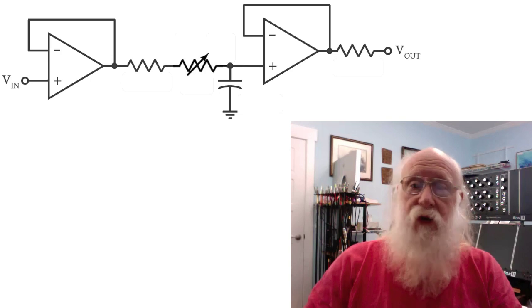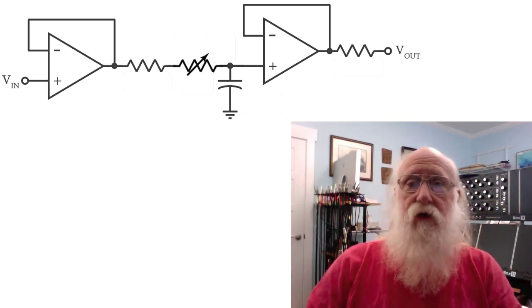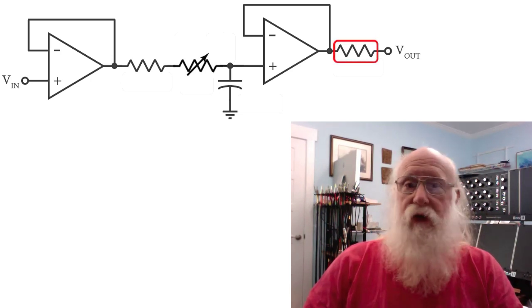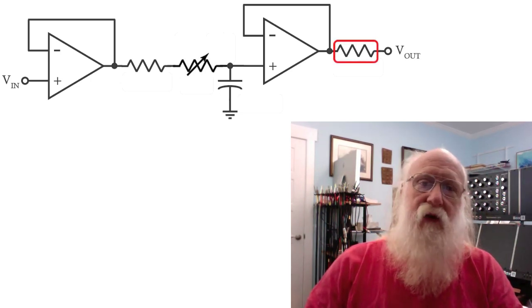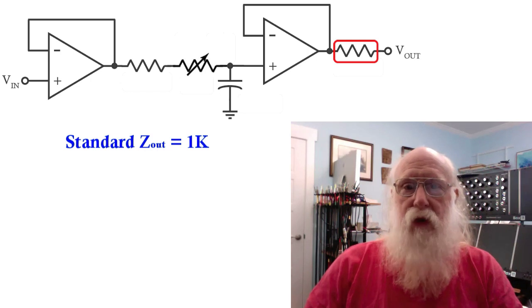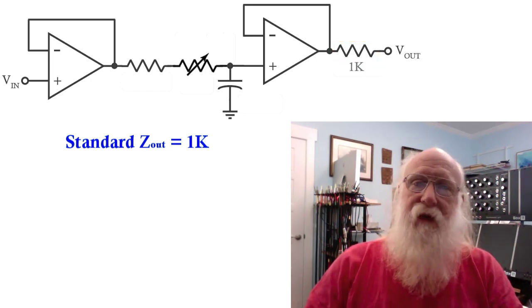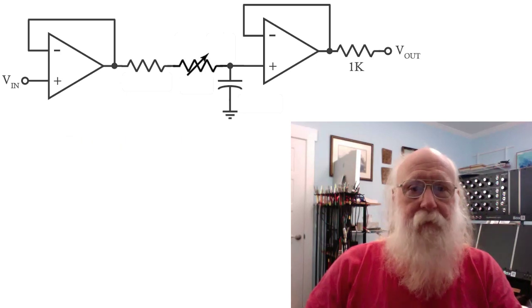We've got four things we need to specify: two resistors, one variable resistor, and a capacitor. First of all, the output resistor is the simplest. The standard output impedance in most music synthesizers is 1K, so we'll just make that resistor 1K.